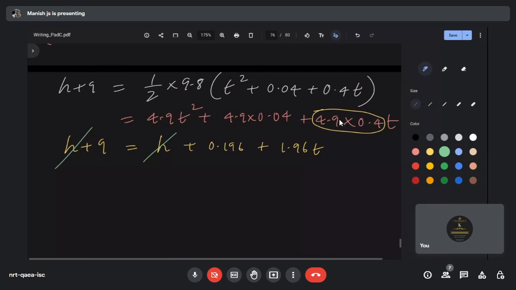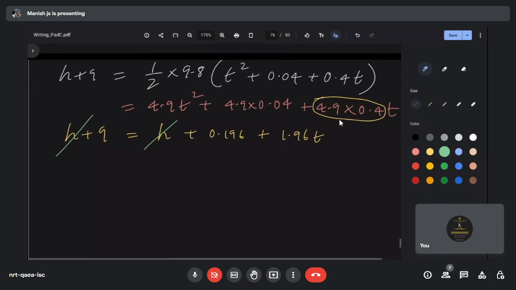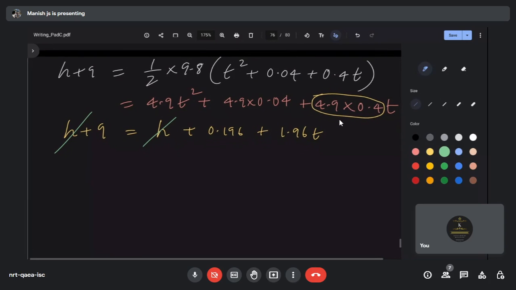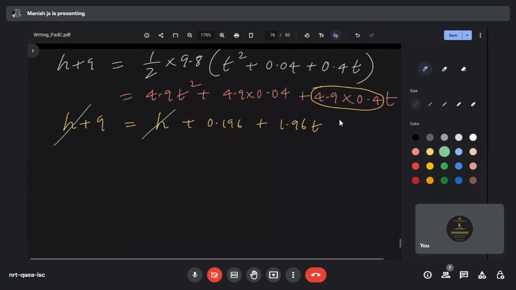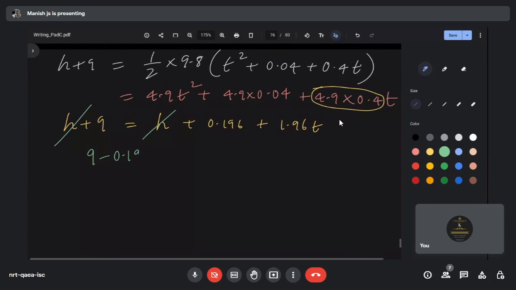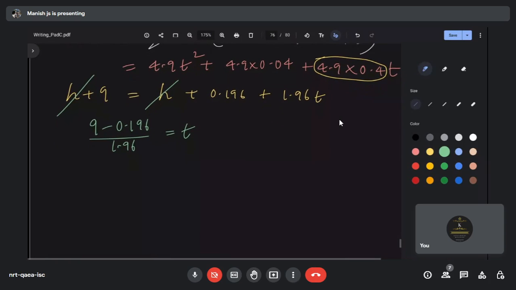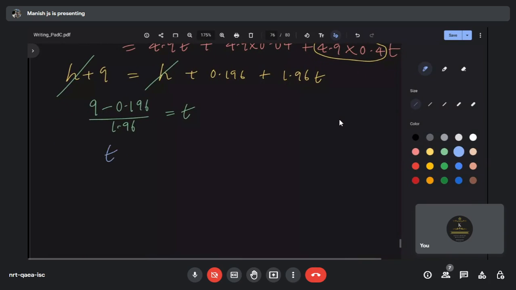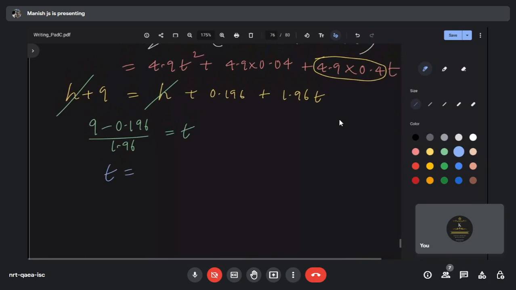So what is the value of t that you're getting? So 9 minus 0.196 upon 1.96 is equal to t. So simplify பண்ணுங்க and tell me what is the value of t. 4.49 வருதா?